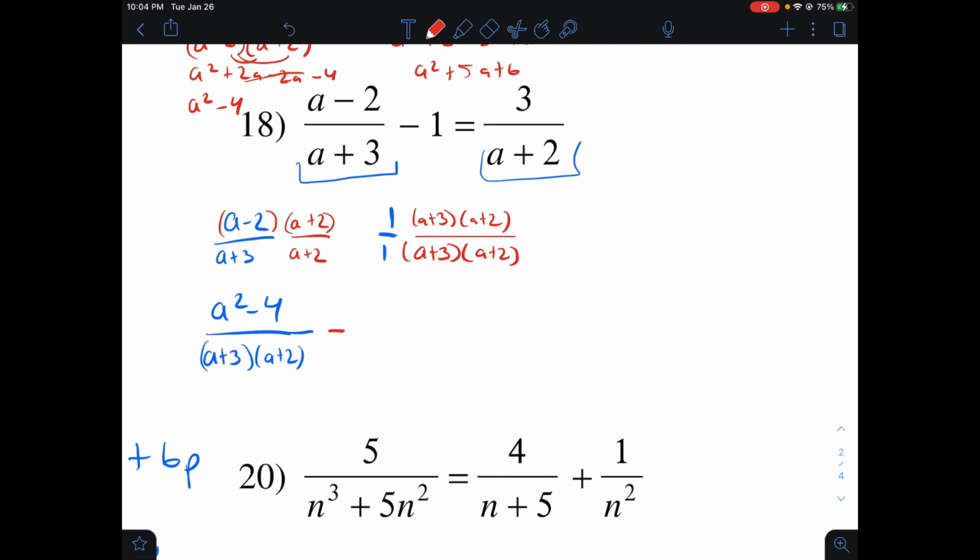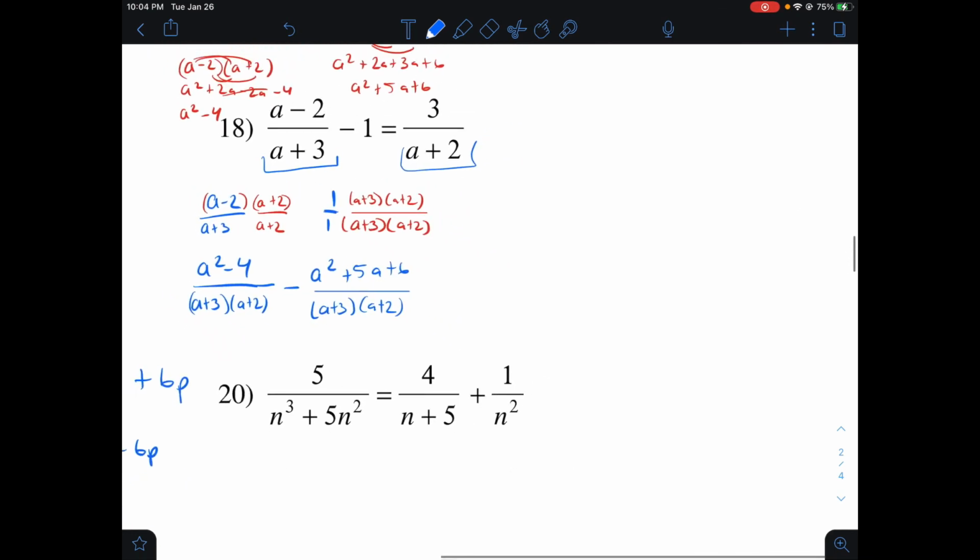So we get minus (a squared plus 5a plus 6) all over our common denominator of a plus 3 times a plus 2. We're almost there, guys.